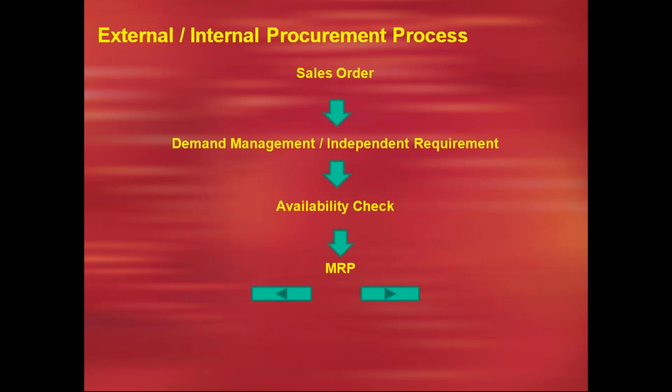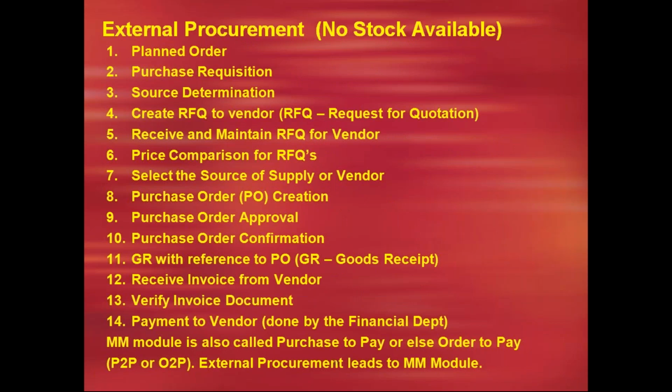Therefore, the company has to check the availability of the resources. It may be material, machinery, manpower, equipment, etc. Then the word comes, MRP, which stands for Material Requirement Planning. So it is a planning tool. It will decide what type of planning, where to go. So the first case is no stock available.